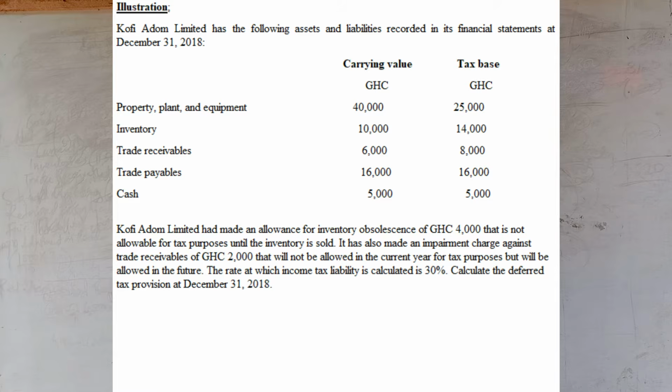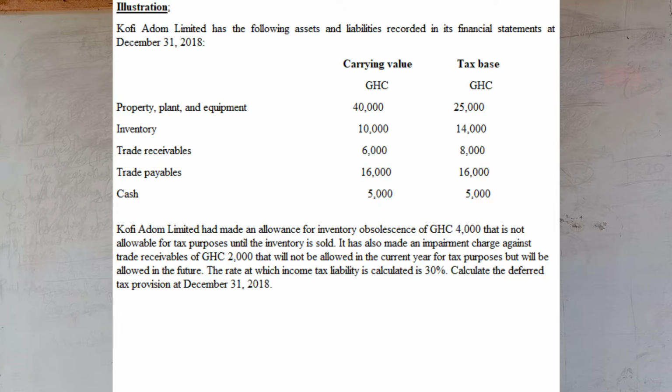Then we continue reading. Kofi Adom Limited had made an allowance for inventory obsolescence of 4,000. That is not allowable for tax purposes until the inventory is sold. It has also made an impairment charge against trade receivables of 2,000 Ghana cedis. That will not be allowed in the current year for tax purposes, but will be allowed in the future.